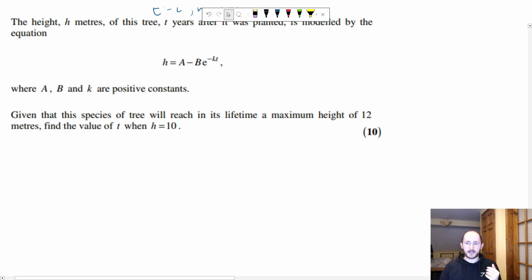Think about the negative exponential function: if I draw it out here, it's going like that. It's an exponential decrease. Initially, we are subtracting the biggest possible amount from a, so the height is very small. As time goes on, the amount that we're subtracting exponentially decreases.